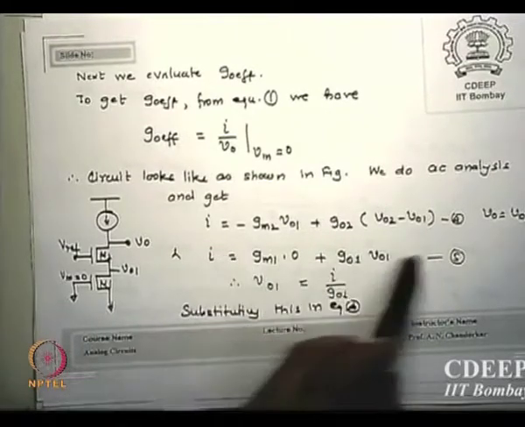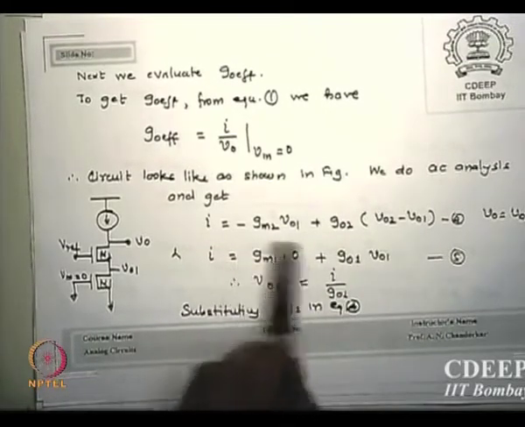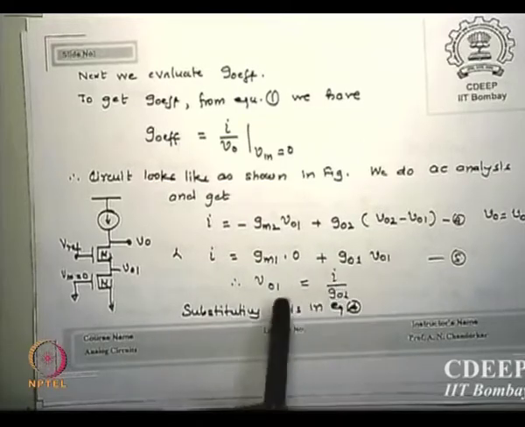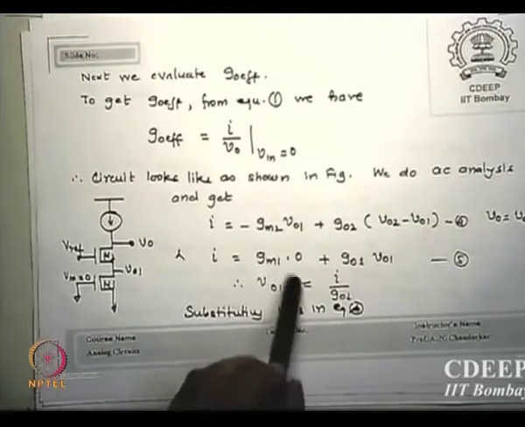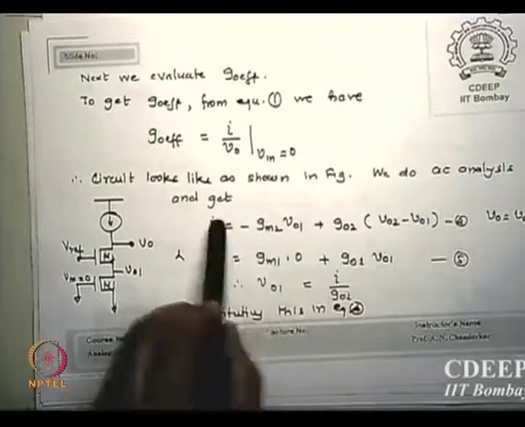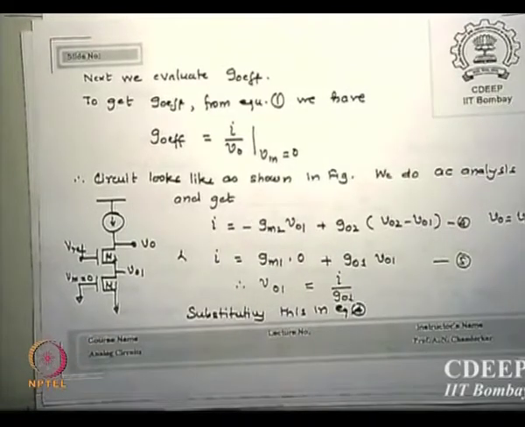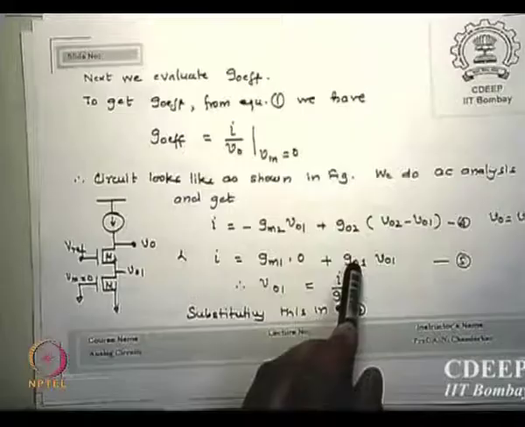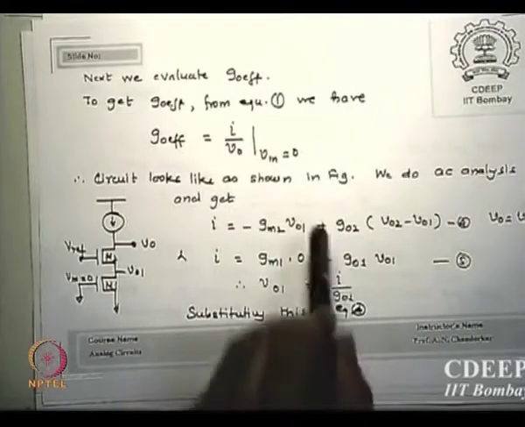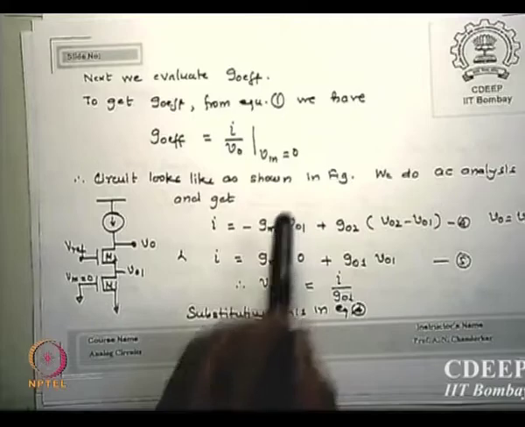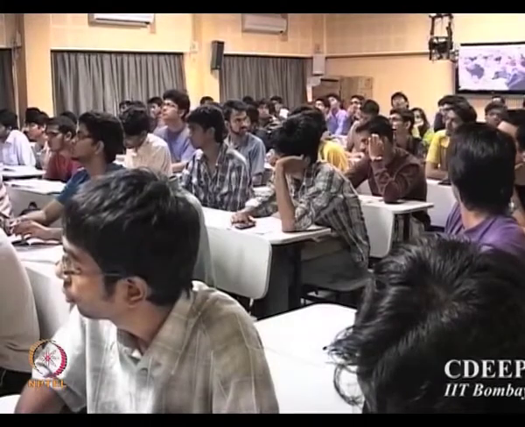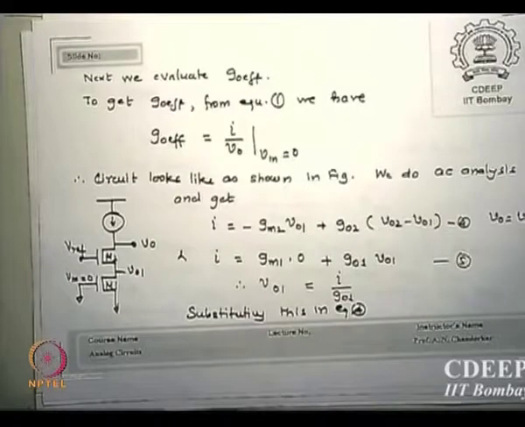Is that clear? From equation 5, since this term goes I by VO1, I by gO1 is VO1. Use this VO1 value here and get new equations. All that I did is, from the fifth equation I calculated VO1 and resubstituted it back in the equation. The DC bias is coming from the I source and has nothing to do with AC signals.